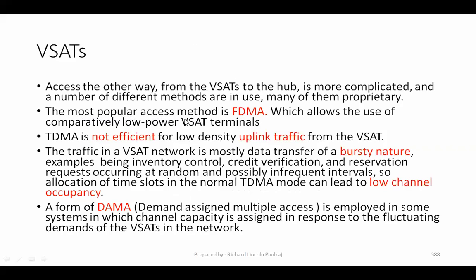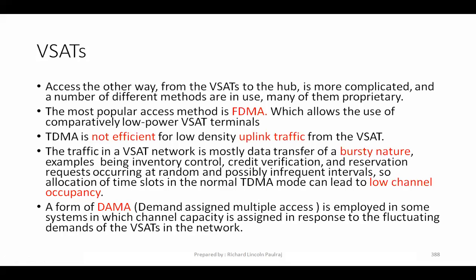The most popular access method is FDMA. Divisions are done based on the frequency lines, which allows the use of comparatively low power VSAT terminals. TDMA is not efficient because we will be having a lot of time delays.